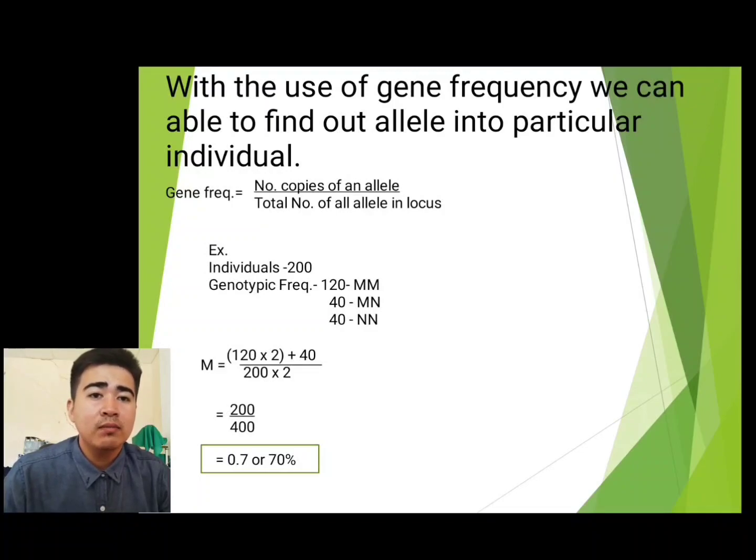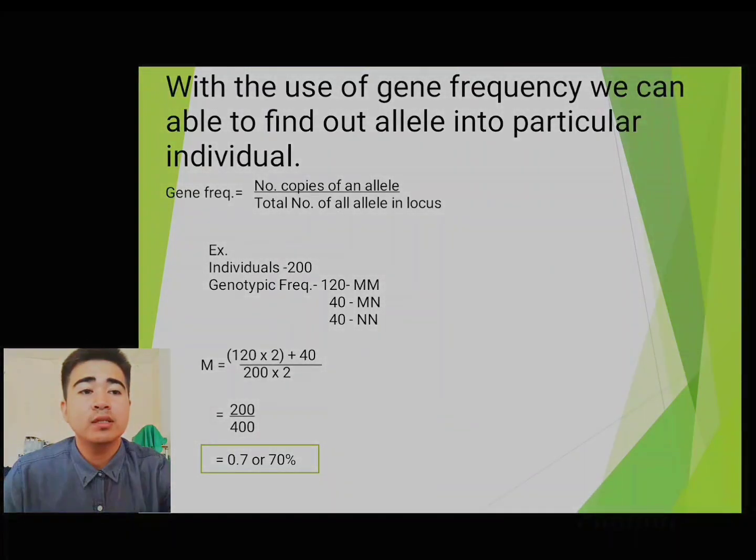So M equals 120 times 2 plus 40 equals 280. Then 200 times 2 equals 400. Then to get the percentage, 280 divided by 400 equals 0.7 or 70%.